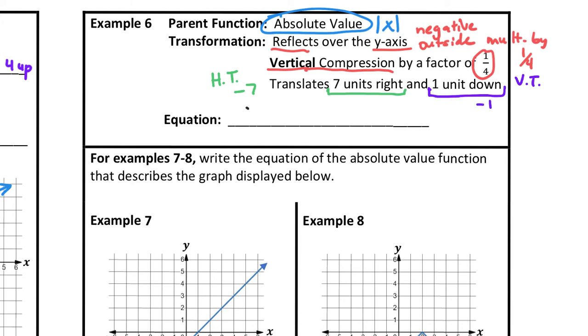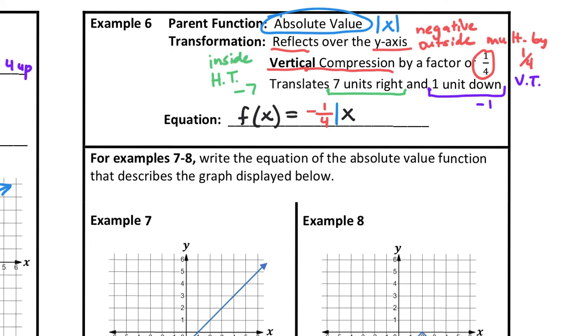So my equation is going to be f of x equals, there's a negative outside and multiplication of 1/4 outside because it's a vertical. So it's going to be negative 1/4 absolute value of x. Oh, horizontal happens inside.